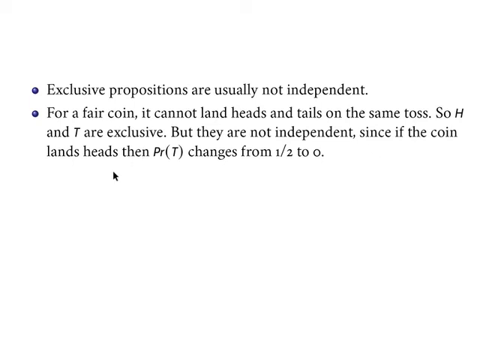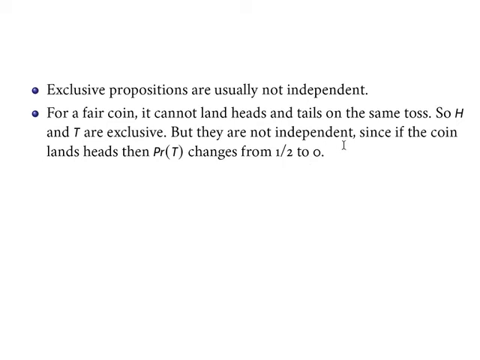Because if the coin lands heads, then the probability that it lands tails changes from 1/2 to 0. Before you flip the coin, the probability that it will land tails is 1/2. But if you then flip it and you learn that it's true that the coin lands heads, then the probability that it has landed tails drops to 0.